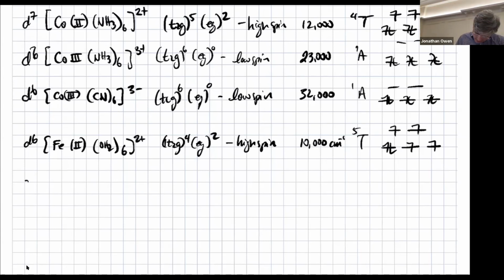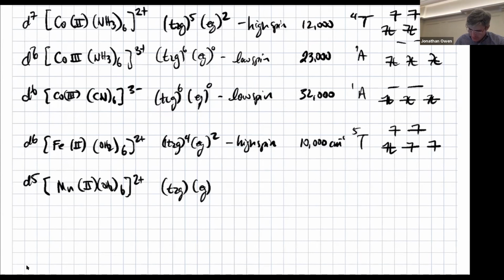Let's take a look at D5, manganese 2 hexaaquo ion. T2G, EG.